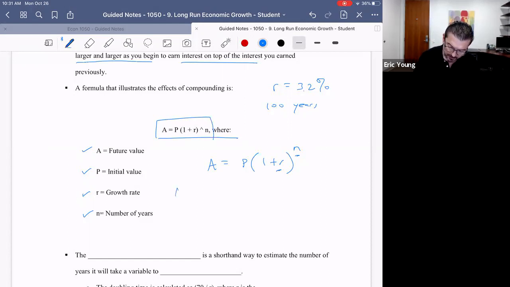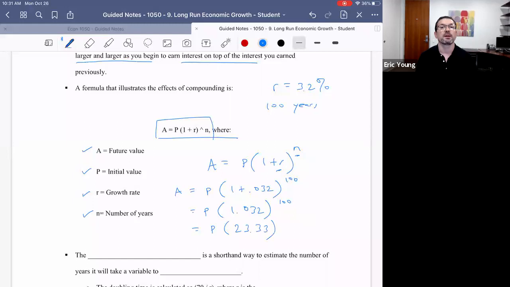If you pop those numbers in, A equals P times (1 plus 0.032) to the 100, which is P times 1.032 to the 100, which is P times 23.33.